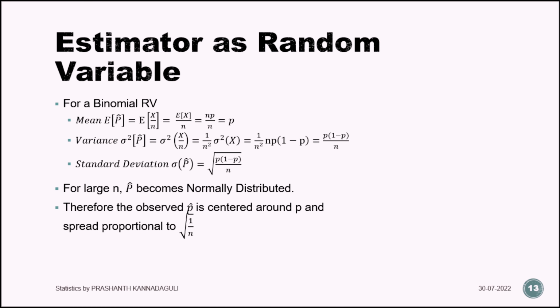At the center you have the highest value, and surrounding that you have many other values. So what is the spread? That is proportional to 1 by root n. All the parameters which we know, we are trying to relate to the normally distributed curve. What is the significance? We'll come to that.